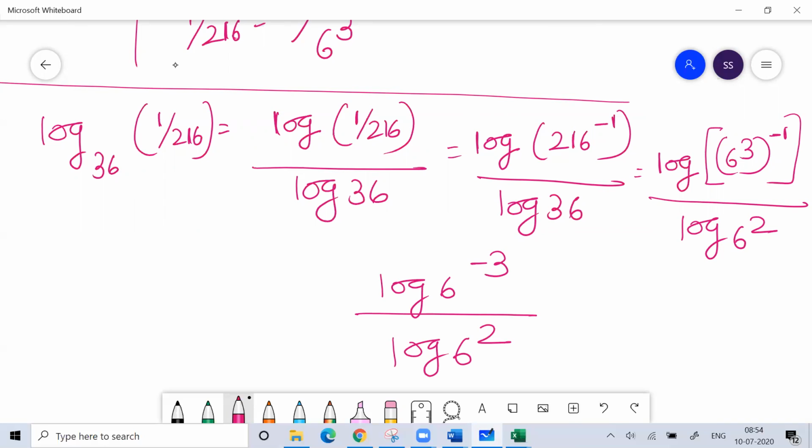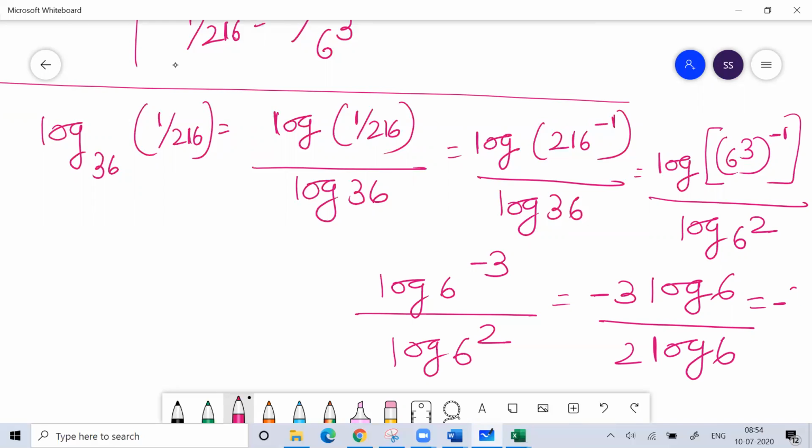And then I told you that whenever there's a power, you bring it in front of the log. This is minus 3 log 6 divided by 2 log 6. The log 6 gets cancelled, so your answer is minus 3 by 2.